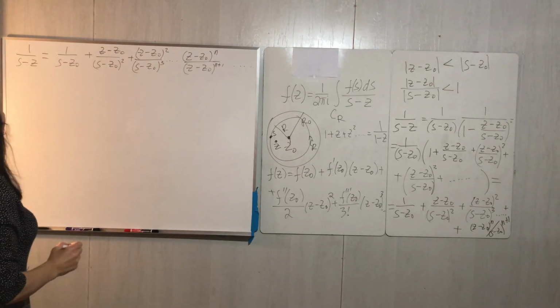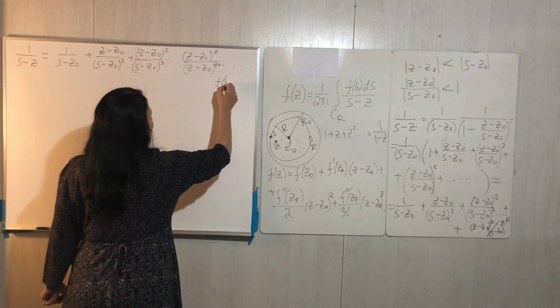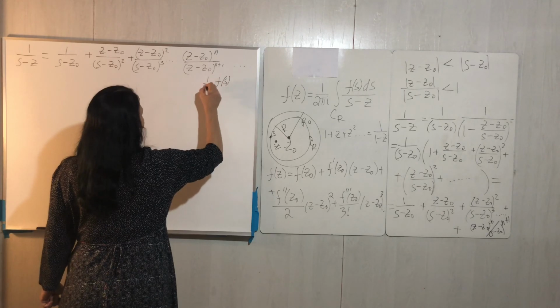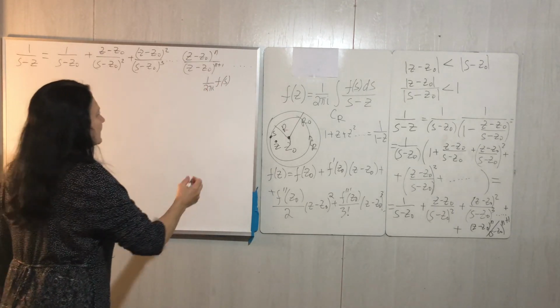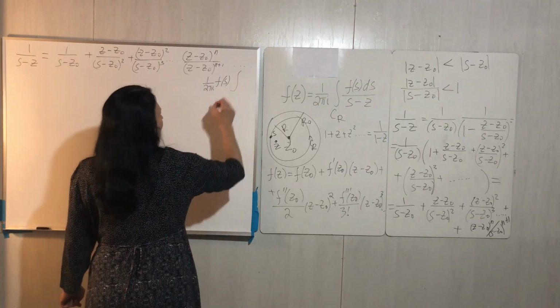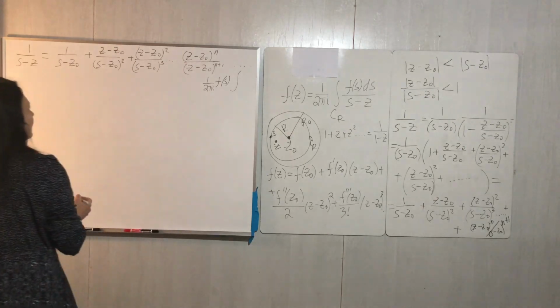So then we will multiply everything by 1 over 2 pi i f of s, and then we will integrate along the contour CR.